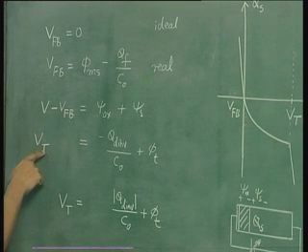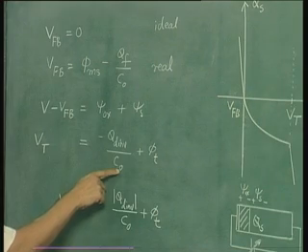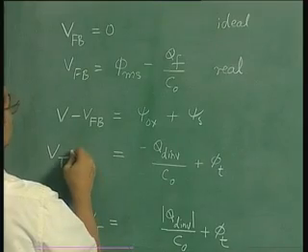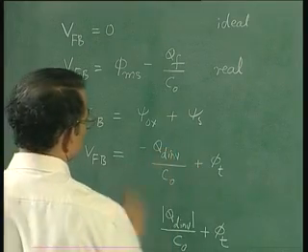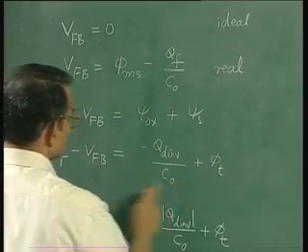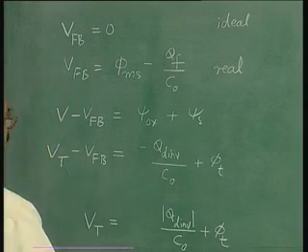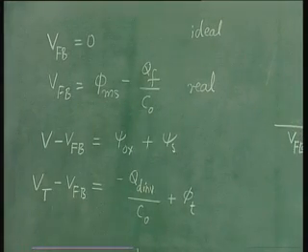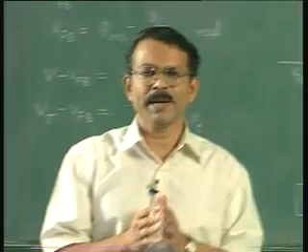Similarly, the ideal MOS capacitor equation for threshold voltage, Vt equal to minus Qd inverse by C naught plus phi t, is changed to Vt minus VFB equal to the right hand side here. So this is a more general equation for threshold voltage. Now please recall that we are doing all our analysis for p-type substrate.